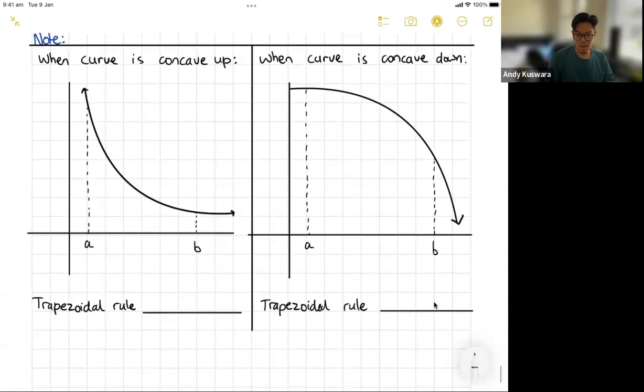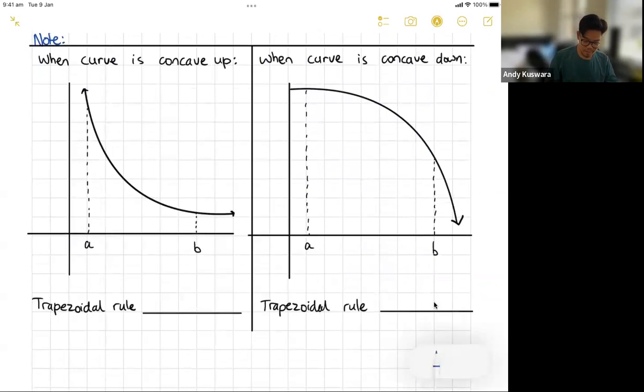Now, there's a couple other things that I want to note that are helpful and that I've seen in HSC questions. They'll say, with this approximation, is it going to be more or less? Because it is an approximation, we can see that we're going to be a bit off. Now, remember, we're using trapeziums, right?